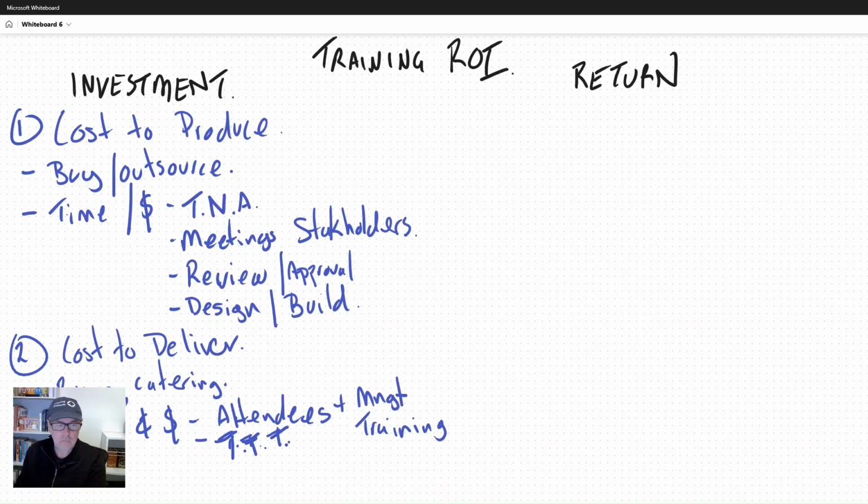There is a sort of third component to the investment into your training, which is more the business as usual part. So I would hope that we all have coaching, support, follow-up sessions, maybe some assessments, some refresher training, activity that happens after the main training event that you consider as business as usual.